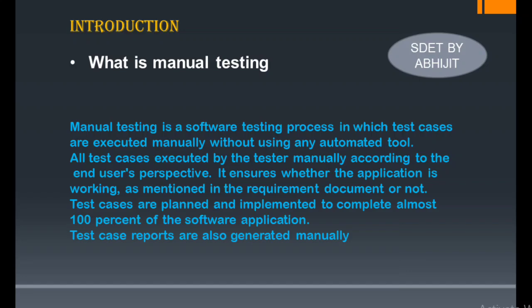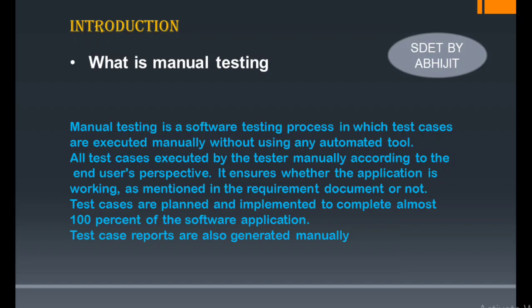In manual testing, the tester manually tests the software using test cases and input-output criteria. What are test cases, what is functional testing, what is test case writing, what is test implementation, these are things we will learn in our next part. This is an introduction session, and I hope you understand what manual testing is.